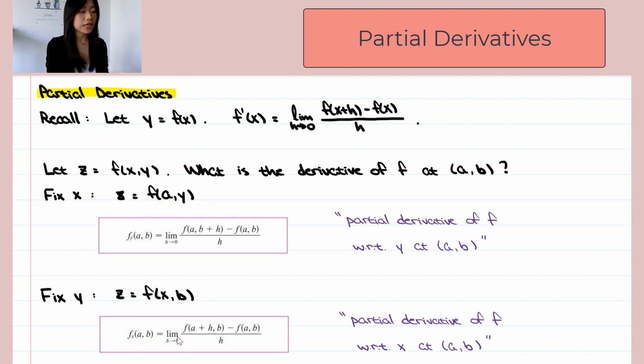So I get the limit as h approaches 0 of the function evaluated at a plus h, and I fix my y, so the y coordinate is b, then minus f of a and b, then divided by the increment in x, which is h. And we denote the derivative of this as f sub x at a and b. And we call this the partial derivative of f with respect to x at a and b.